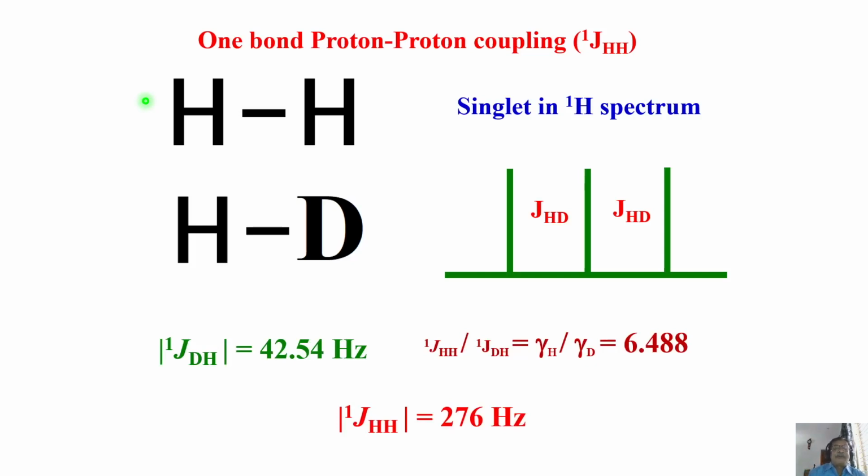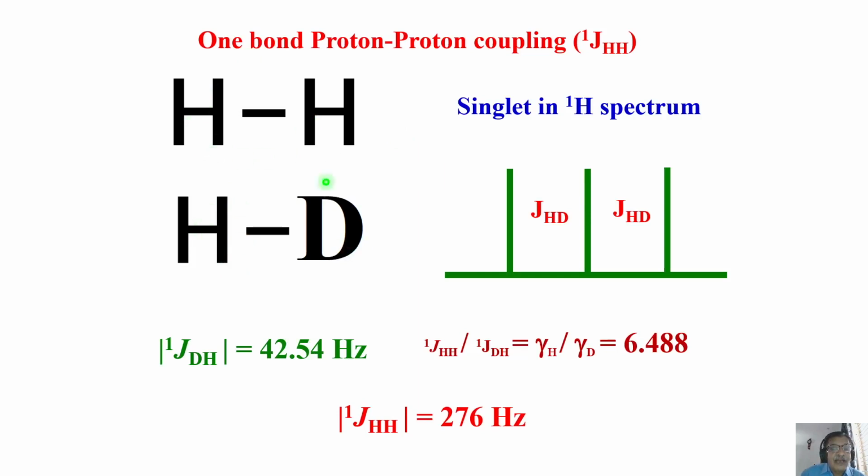When isotopic substitution is there in a molecule like this, and I know the HD scalar coupling, because deuterium is the isotope of hydrogen, there is a simple formula. If I know the gyromagnetic ratio of this and the gyromagnetic ratio of this, then I can get the J coupling between proton and proton.